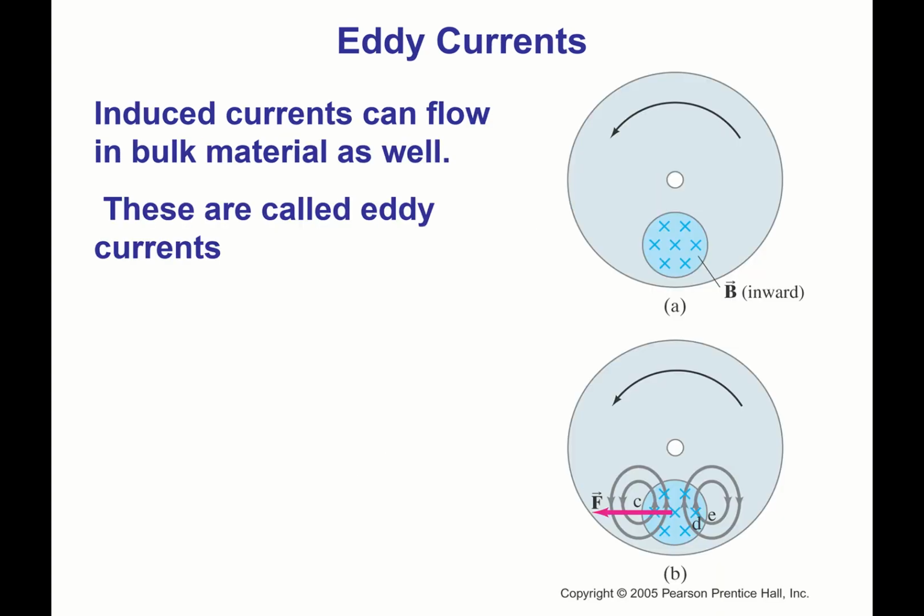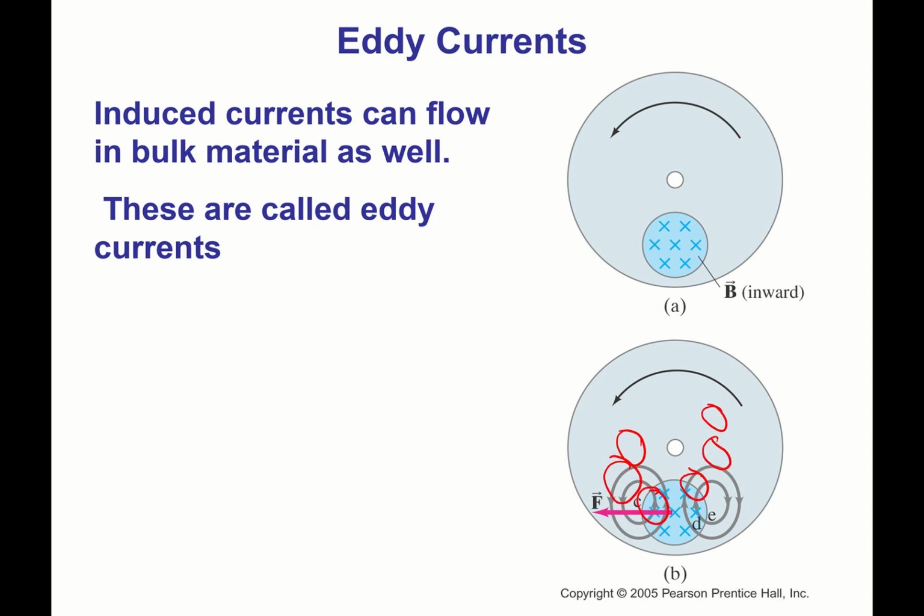All right, so another side effect is that if we have something plugged into the electricity, and the electricity is changing all the time, if there's a piece of metal nearby, that changing current is going to create a changing magnetic field inside the piece of metal, and that changing magnetic field is going to cause little loops of current to flow inside that piece of metal.